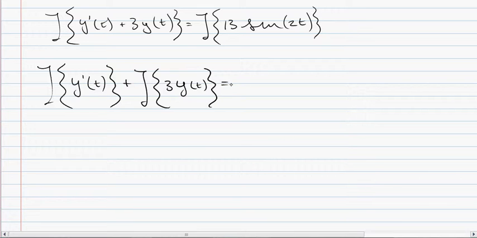And then over here, we can pull that 13 out, and we just found out what the Laplace transform of sine of t is with a constant here. So k is equal to 2 in this case, so we have 2 over s squared plus k squared, which is going to be 4. So we'll just write 26.